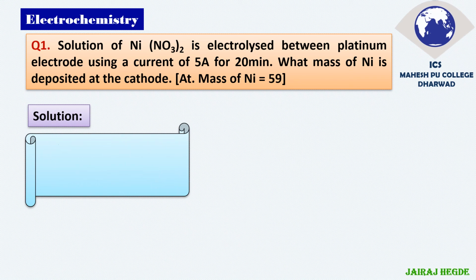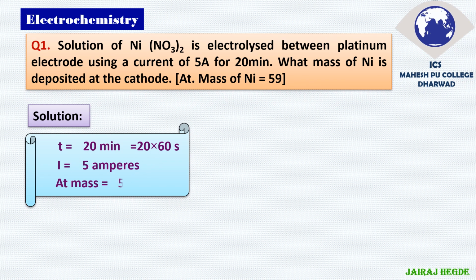That is what the information is given. t is 20 minutes, and we should always take time in seconds, so 20 into 60 will be the time. The current I is 5 ampere.